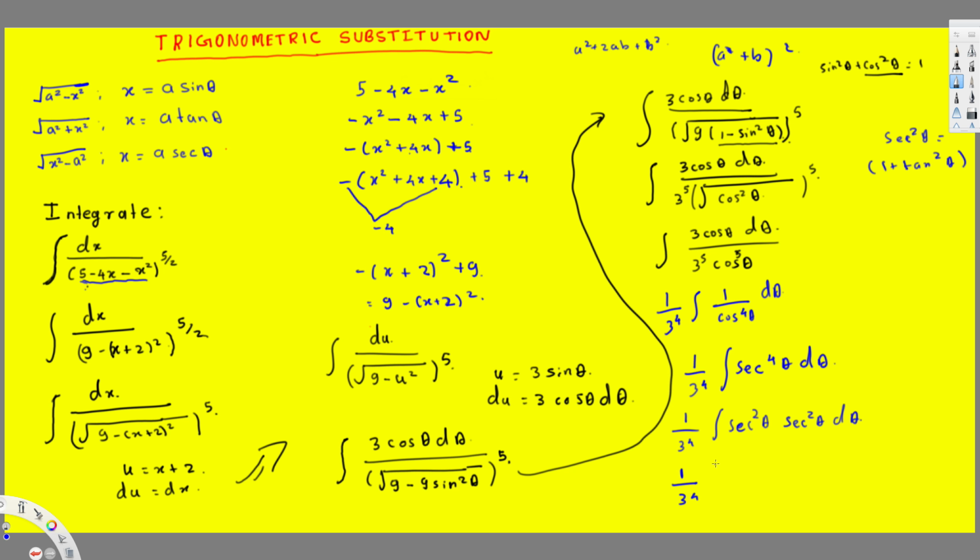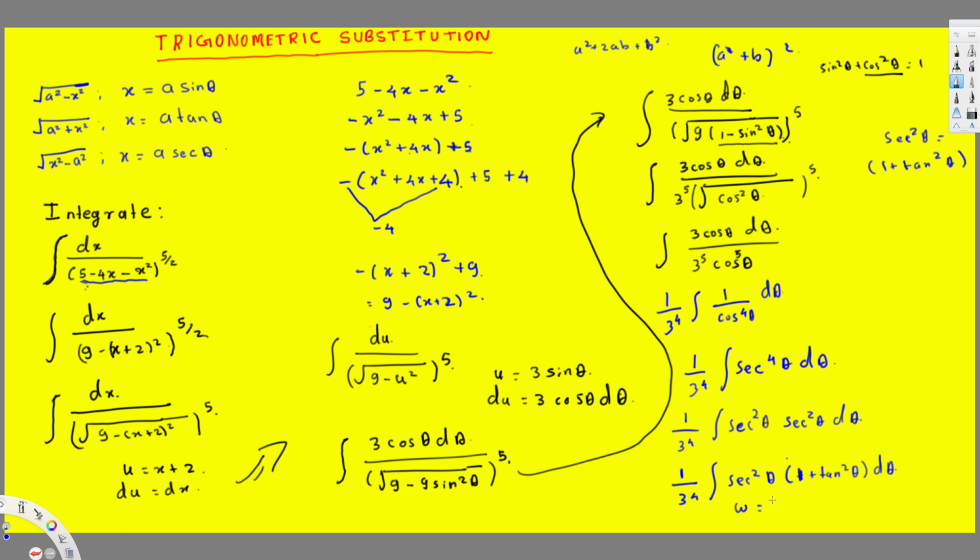So let's see how we can do this. 1 over 3 power 4 integral of sec square theta, and one of them I am replacing with this one right here, 1 plus tan square theta d theta. And if I take the tan, the derivative of tan is sec square theta. So I can pick the tan as my u right here. Since we used the u already, let's pick a w.